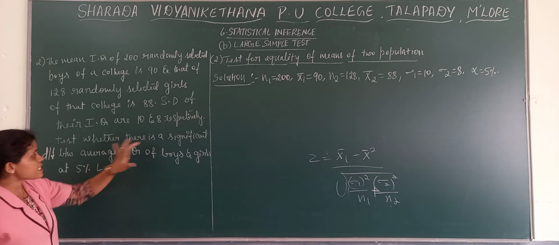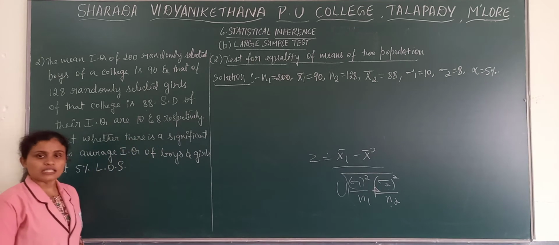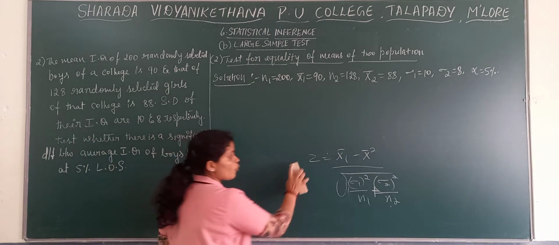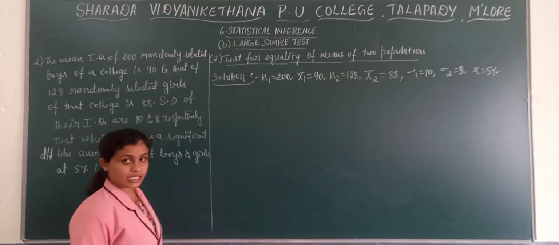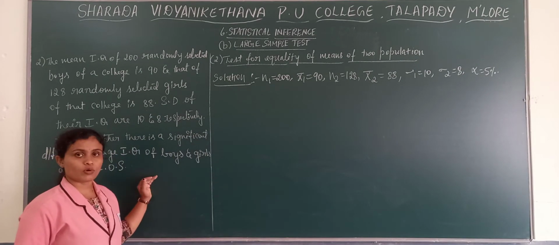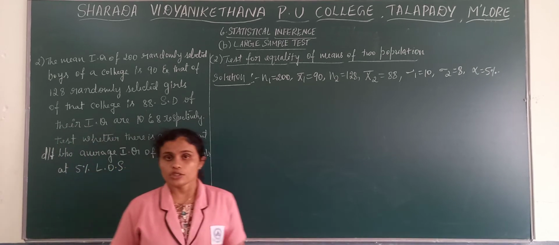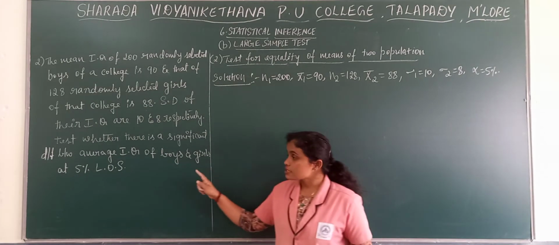Whether there is a significant difference between the average IQ of boys and girls. We can easily make out that this is a two-tailed test. Why? In the problem you cannot find sentences like less than, more than, increased or decreased. Such sentences are not there, so we can easily make out that this is a two-tailed test.